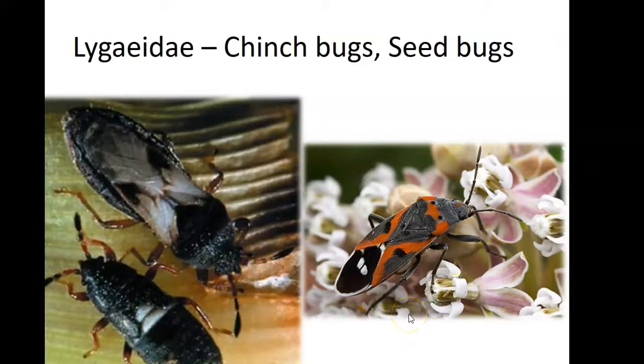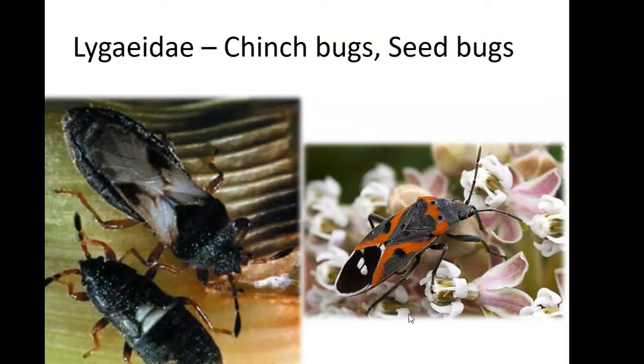We have a western conifer seed bug that is pretty destructive. Only 1% to 2% of these are really serious pests, the western conifer seed bug being one of them.